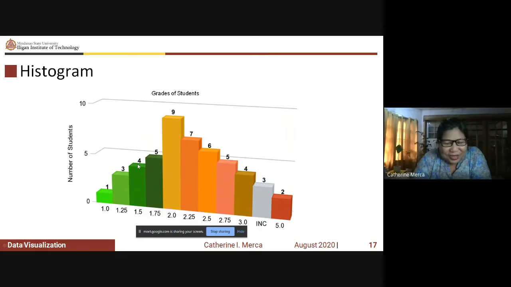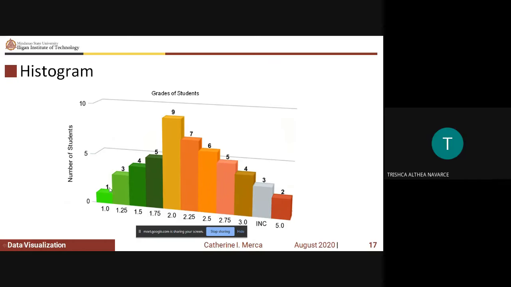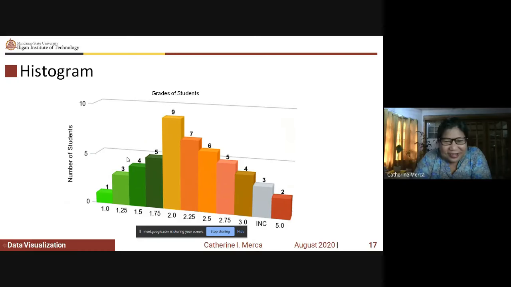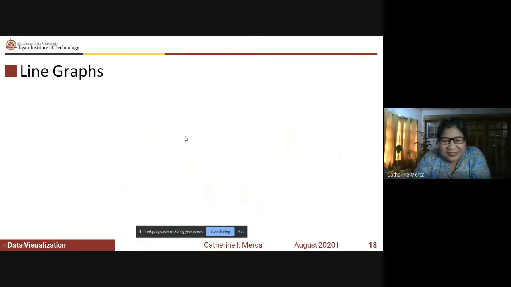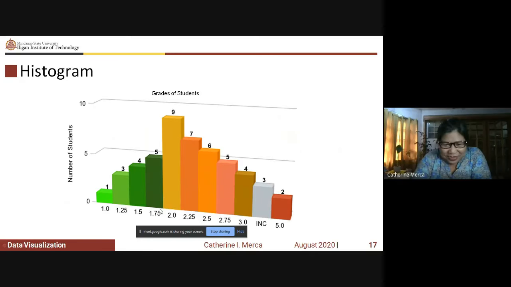If you take a look, for sure, this is a mathematics grade. It's triangle-shaped, ma'am. Yes, triangle. So, for sure, in mathematics, the number here is small, and here there are many, and there are at least only two 5s. Sometimes the 5s are more because the exam is difficult, no? So, that's your histogram. Okay, histogram.